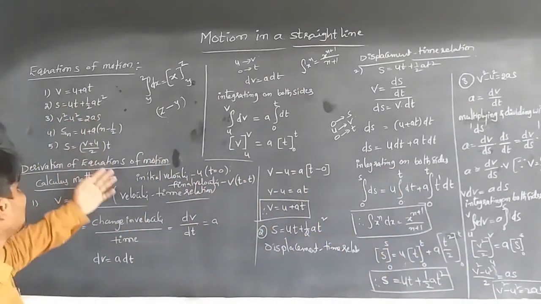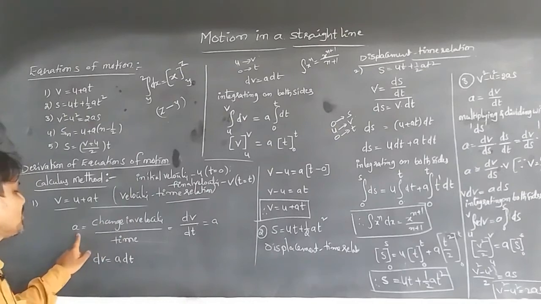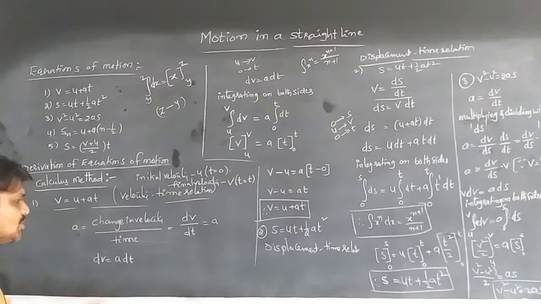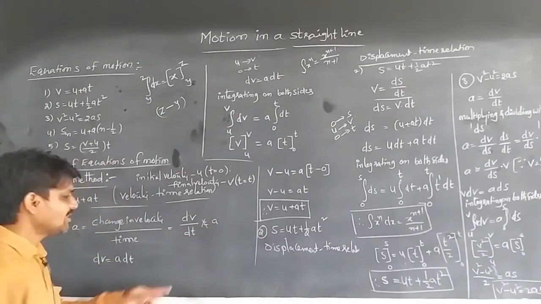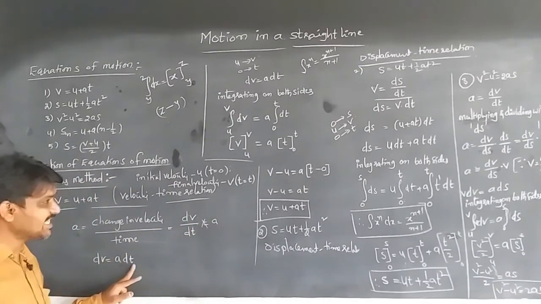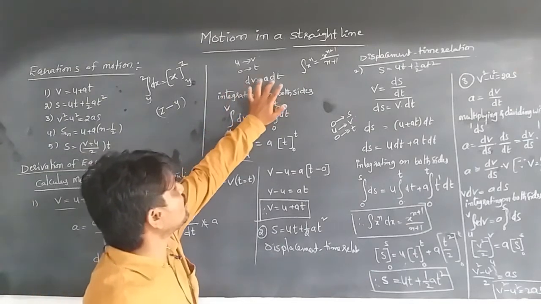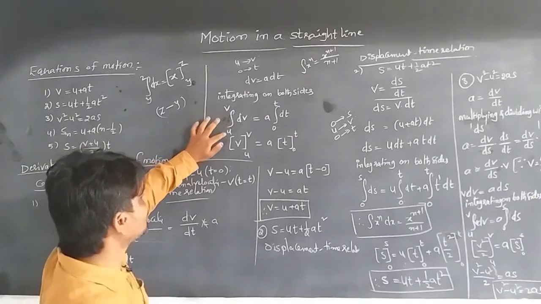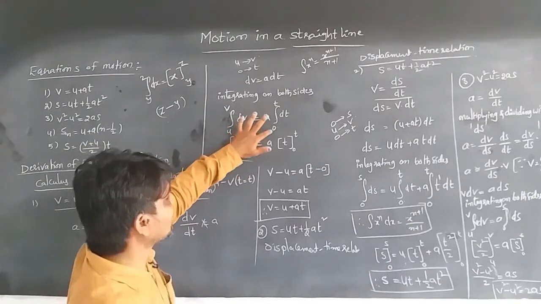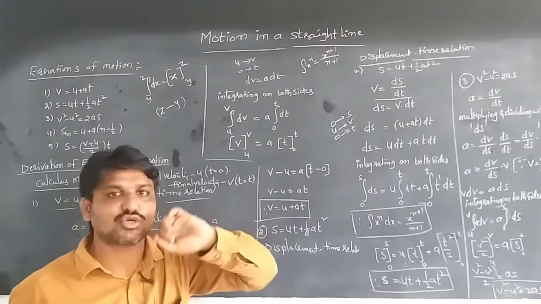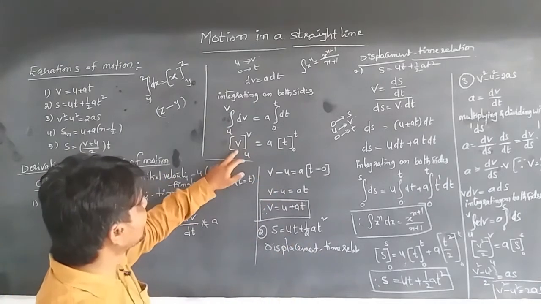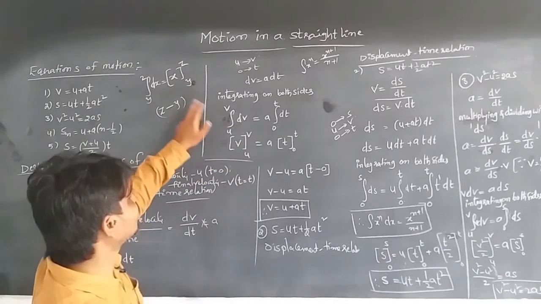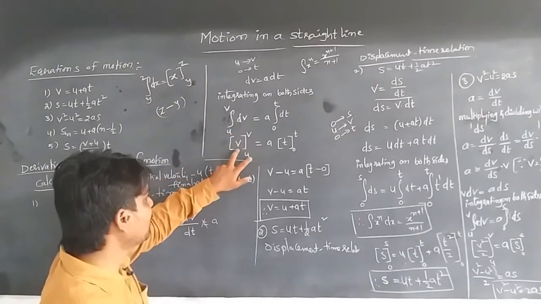Now the first kinematical equation. Acceleration is the change in velocity by time, dv by dt, equal to a. By cross multiplication, dv is equal to a dt. Integrating on both sides between the limits, when the velocity changes from u to v and the time from 0 to t, integral dv means v between the limits u and v.